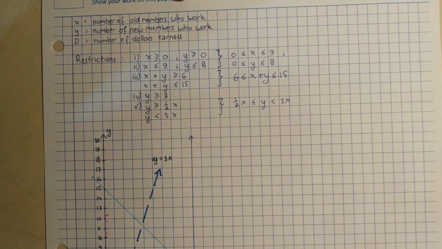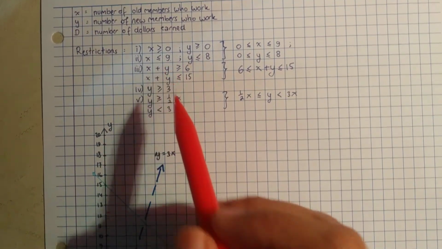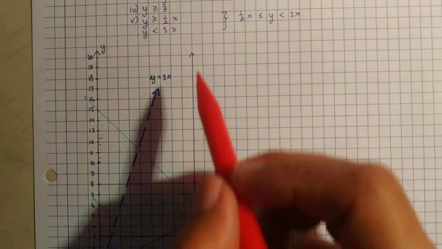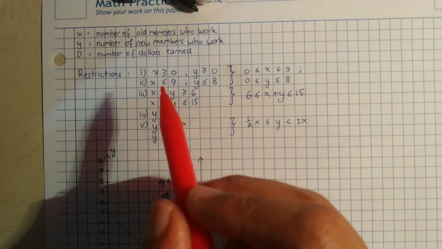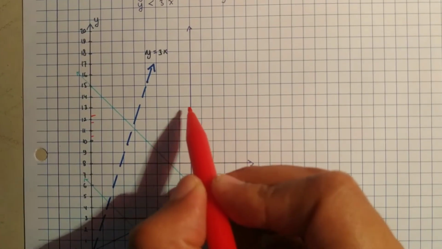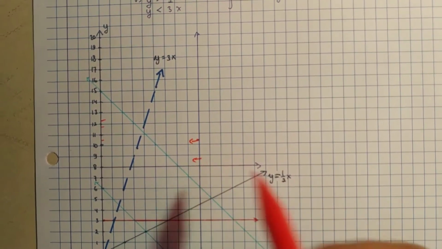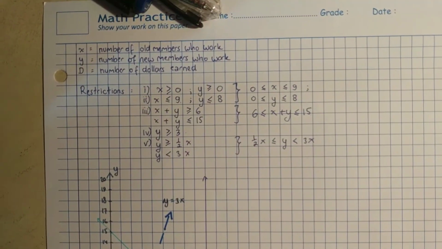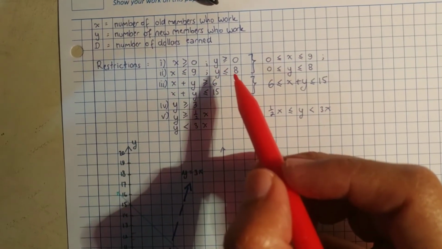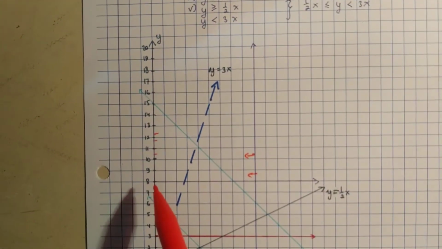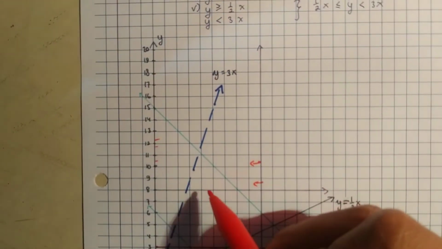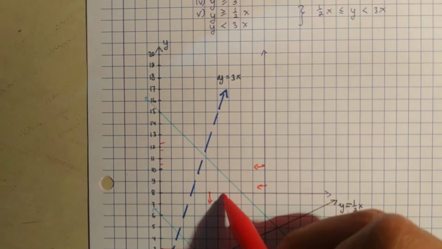X is less than or equal to 9. It means this is the line x equals 9. Less than or equal to 9 means it goes left. And then y is less than or equal to 8. So this is y equals 8, and less than or equal to 8 means it goes down.